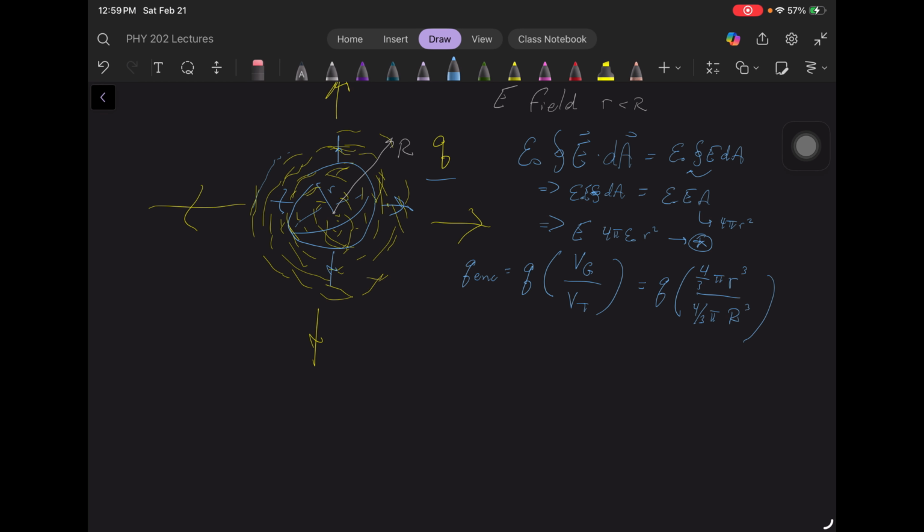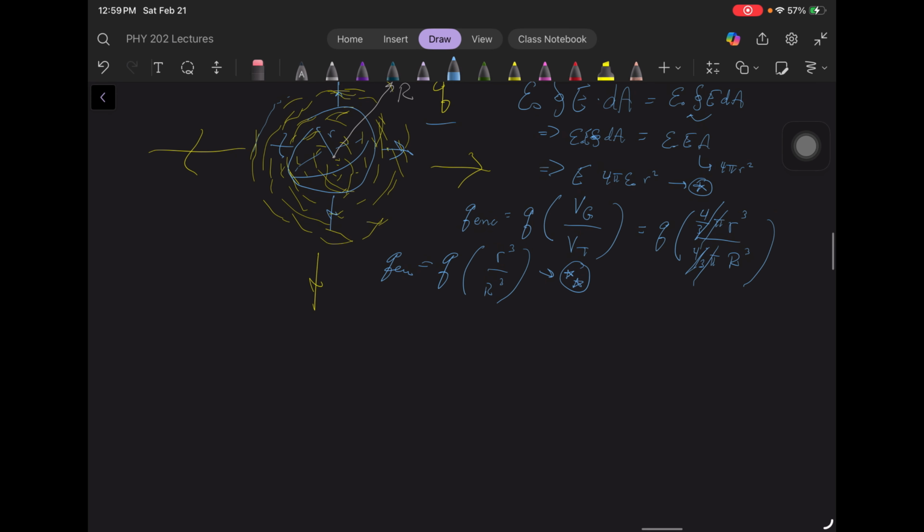And look at that, we can cancel out the 4/3 pi. And so we get Q enclosed is equal to Q, the total charge of the whole sphere, times little r cubed over big R cubed, because of the volume fractions. Okay, so we're working with something here. We'll call this equation double star.